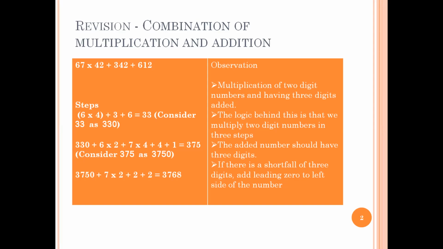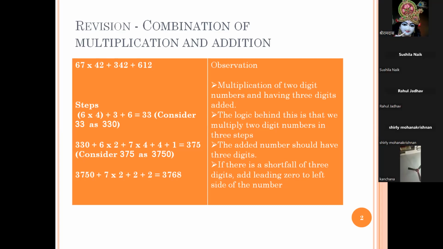If the number of digits is not 3, we can add a leading 0 to make the position adjustment. It is a combination of vertically and crosswise, the urdhva tiryagbhyam, and the addition technique.